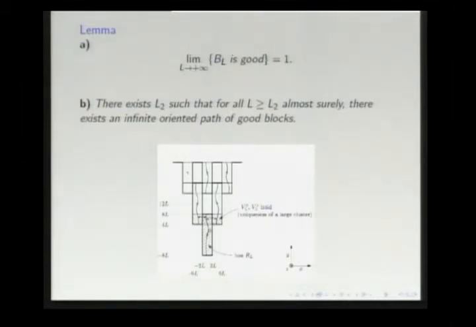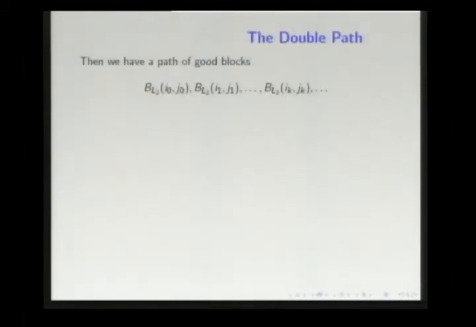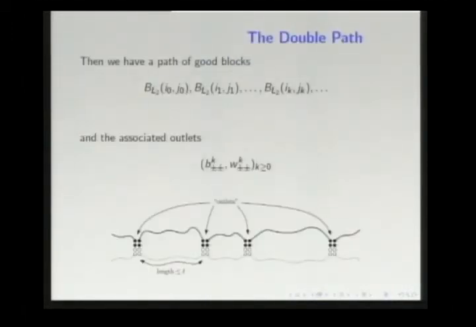Then, is it possible to prove exactly this? There exists some L2 large enough such that almost surely there exists some infinite path of good blocks in my renormalized lattice. But if I have an infinite path of good blocks, what do I have in the original lattice? I have this structure.